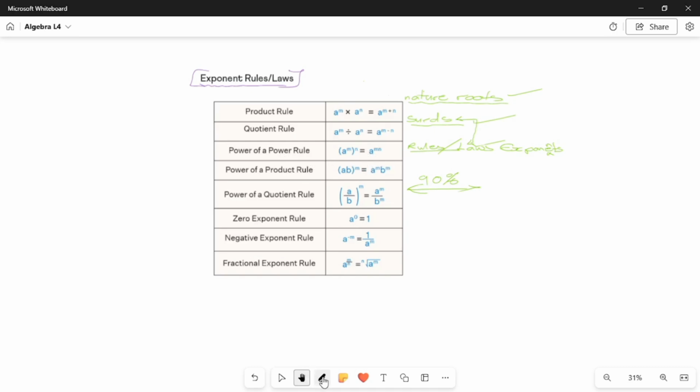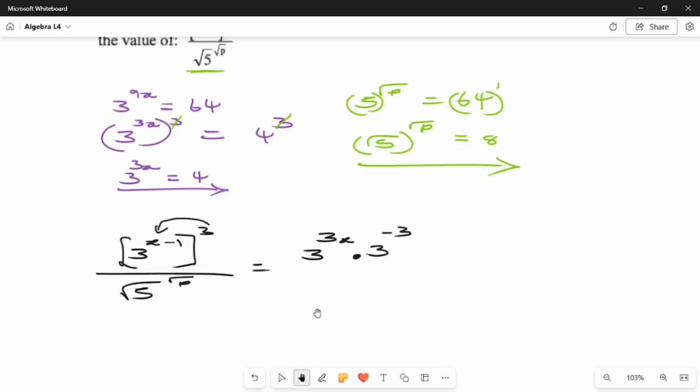This one is the power rule. This rule here is what you'll need to work with. When you have a to the power of m, right, and it's in a bracket to the power of n, it will be equal to a to the power of nm. So that's the power rule, and you will need to note that as well, right?